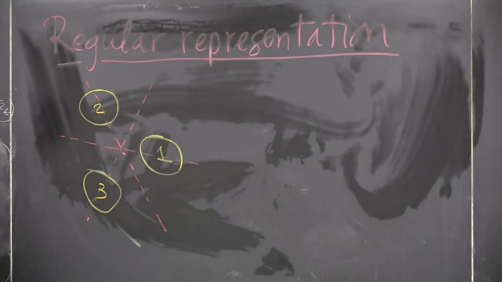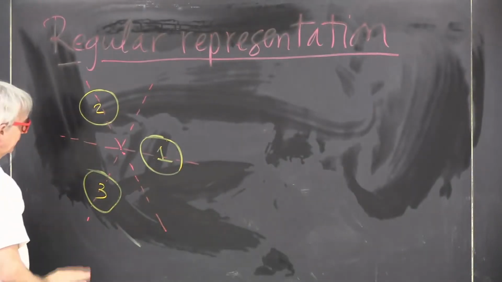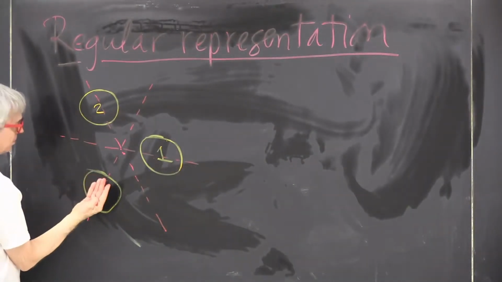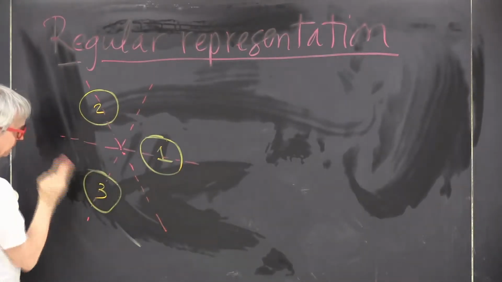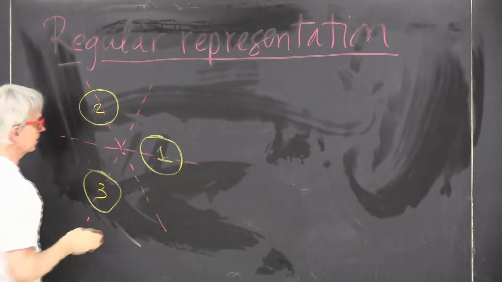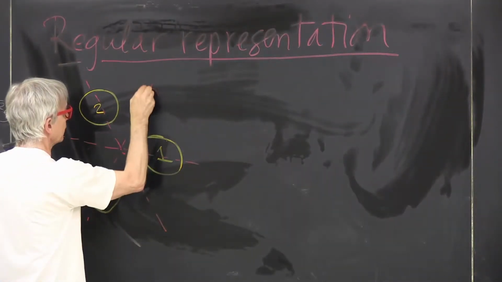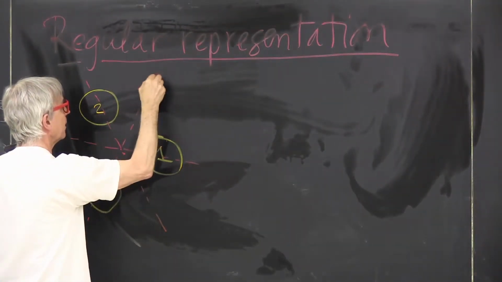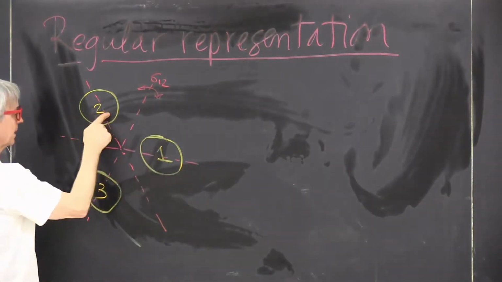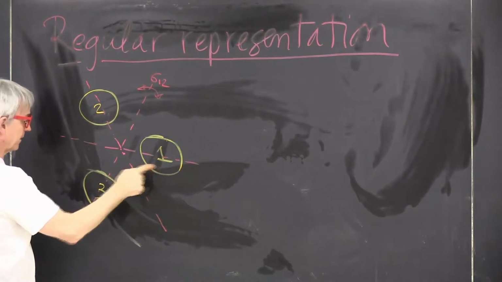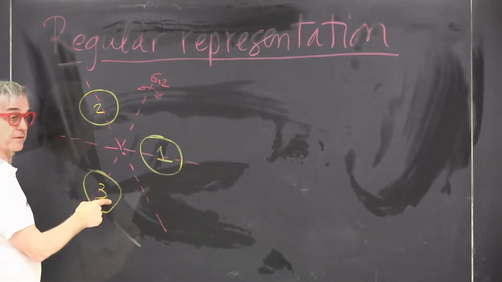And what happens with the symmetry axis is that if I flip the whole image, the image goes into itself by label exchange. So for example, if I flip in this direction, which I'll call sigma 1,2, then disk 1 becomes disk 2, disk 2 becomes disk 1, but disk 3 remains disk 3.